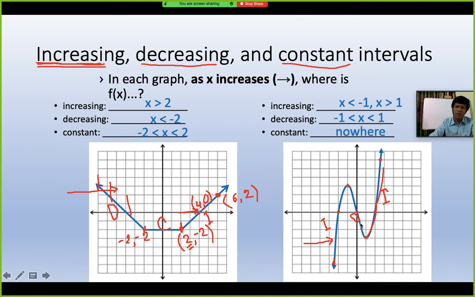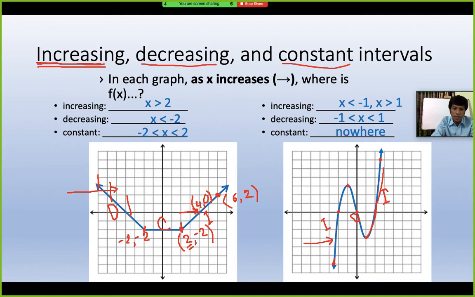Now you can say, sir, what is going on? This minus 1 to 1, it is decreasing, we do not understand that. What's wrong here? Suppose you ask, sir, why are you not saying the graph is increasing from 2 to plus infinity, or minus infinity?